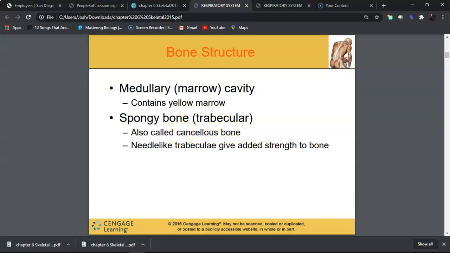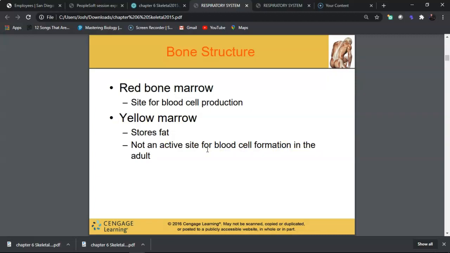It's also called cancellous bone, and it's kind of web-like bone that's lighter, and that's where the red bone marrow is, and that actually helps to allow that red bone marrow to have a place to reside while making red blood cells for the system. So red bone marrow is that site for red cell production. There are some bones that have higher areas of blood cell production.